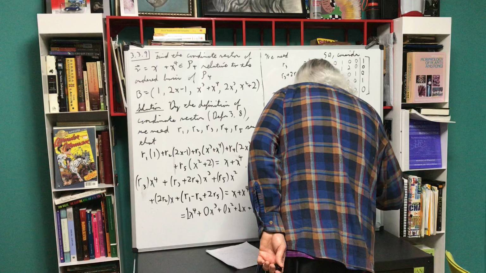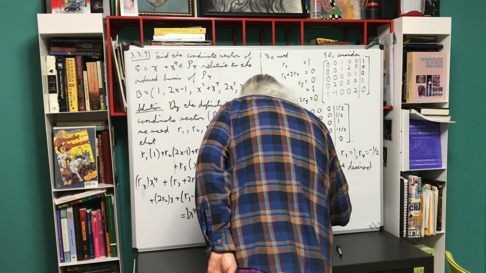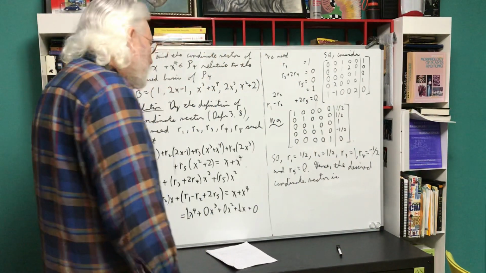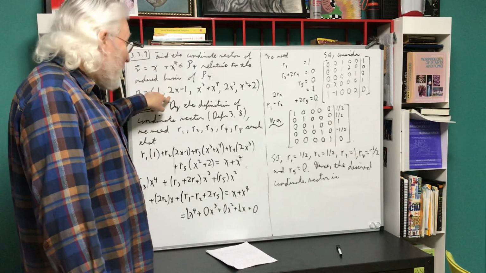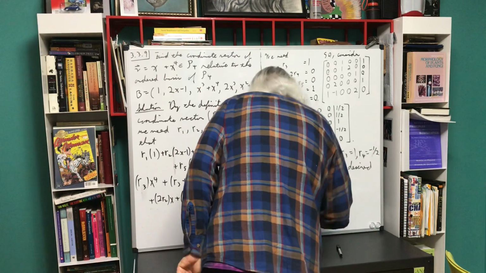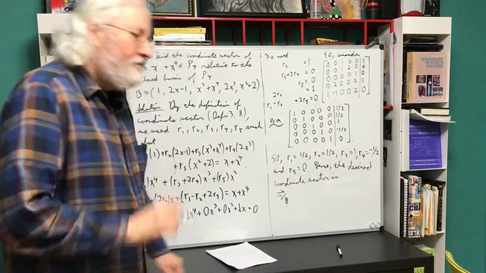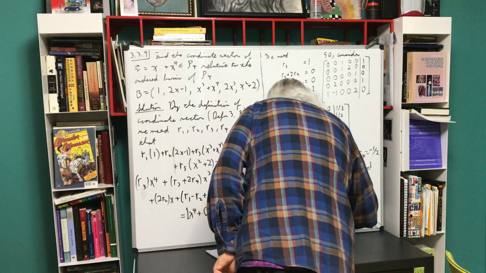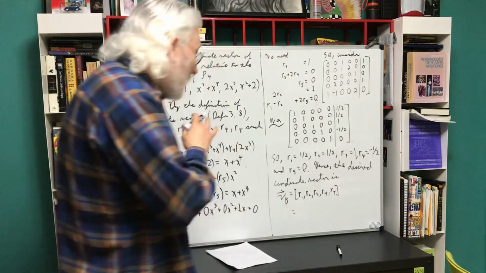Hence the desired coordinate vector, its full name is the coordinate vector of vector v, x plus x to the fourth, with respect to ordered basis B. The notation for that was the v vector with the ordered basis as a subscript, so we'd call it v sub B, and it's simply R1 through R5 in vector form: R1, R2, R3, R4, R5.